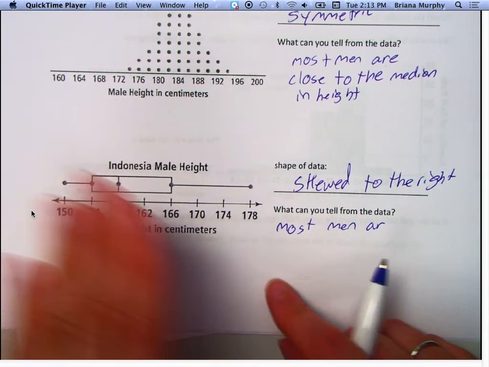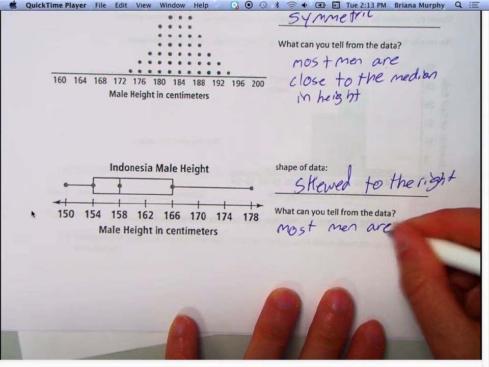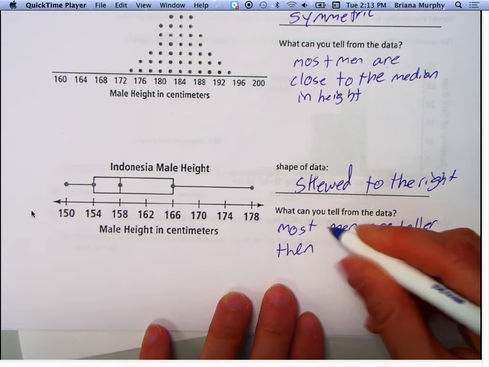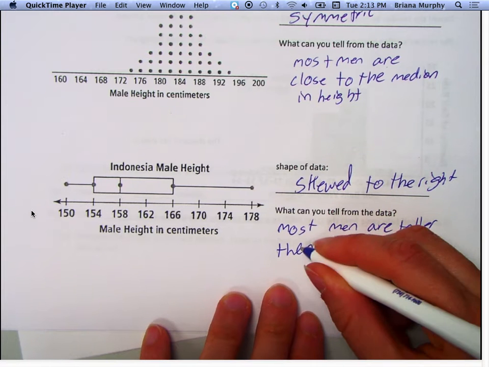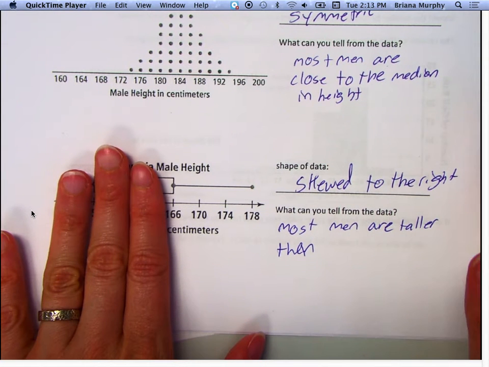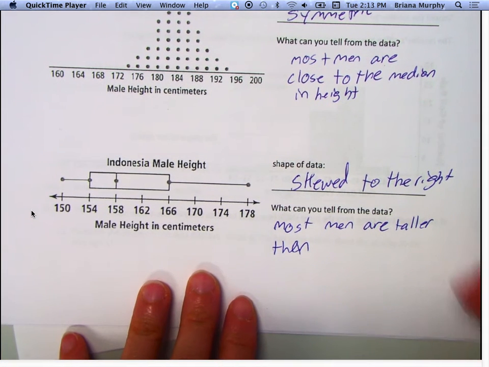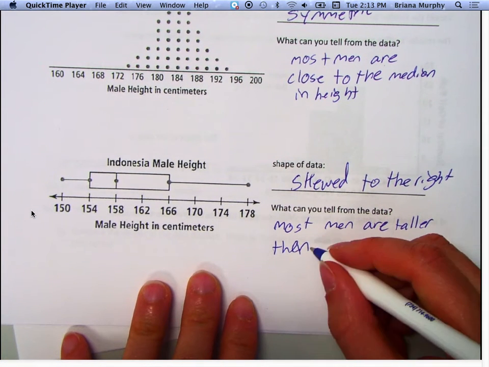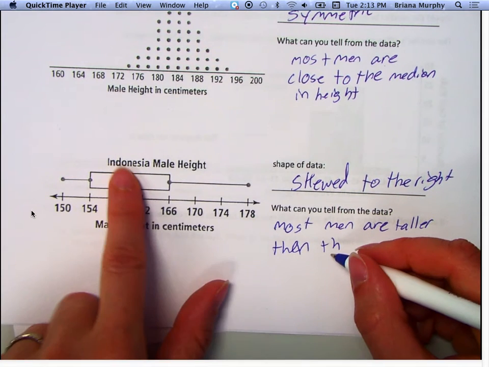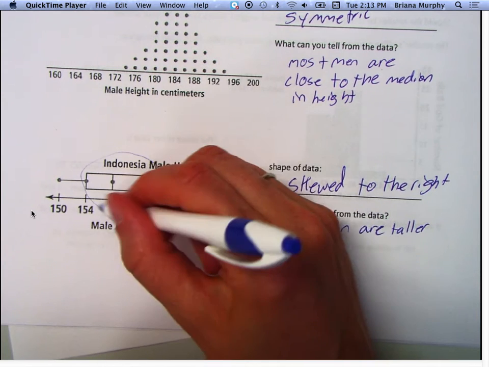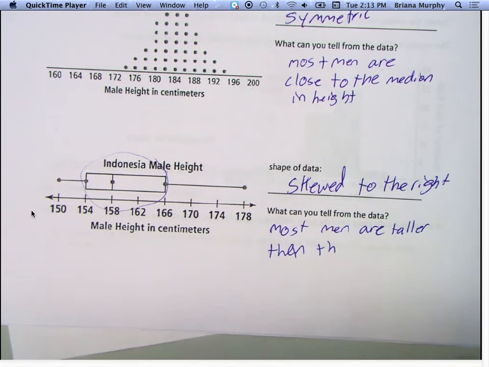It's to the left. Wait, but isn't it more on the right? Remember, it's the opposite. If it's on the right, we call it skewed to the left. If it's on the left, we call it skewed to the right. Yeah, but is it more information on the right? More information is on the left, because 50% of our population is in between the box.